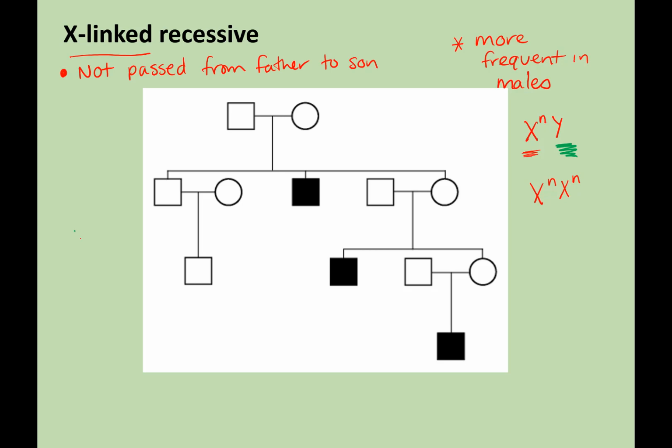Heterozygous women, in theory, could have half normal, half affected sons. But remember that people don't usually have enough kids to show nice Mendelian inheritance. So you have to do a little analysis.